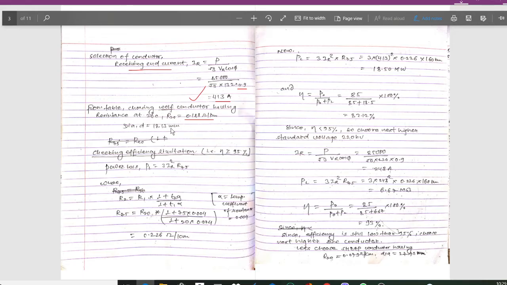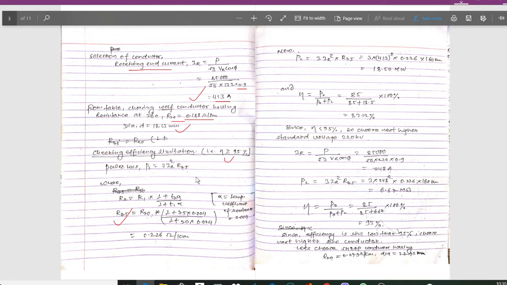So first from the table I have obtained the value of R20 as 0.188, and then I have calculated the value at R75. Here we have to check the efficiency limitation, that efficiency should be greater than or equal to 95%. And for diameter, in the table you can see the diameter is given as 18.13 mm.